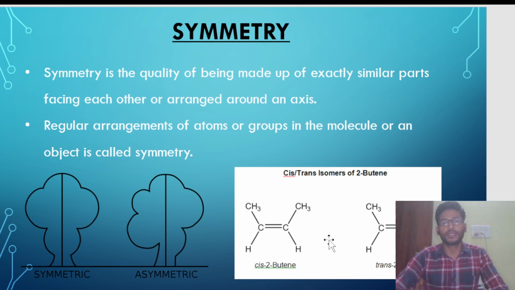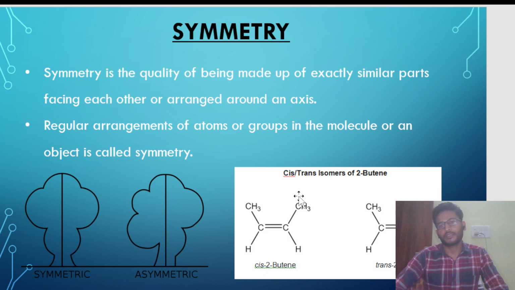Cis-2-butene is more symmetric than trans-2-butene because both CH3 groups are present on the same side of this double bond, and in the other case one CH3 is above and one CH3 is below.